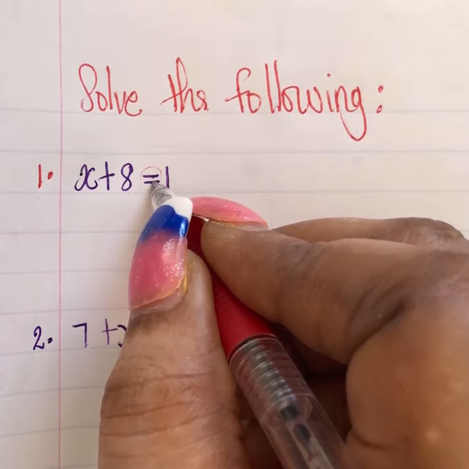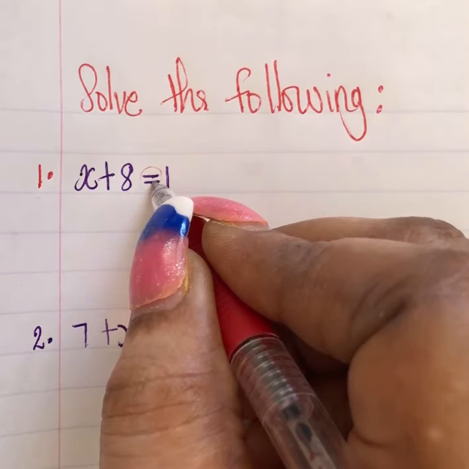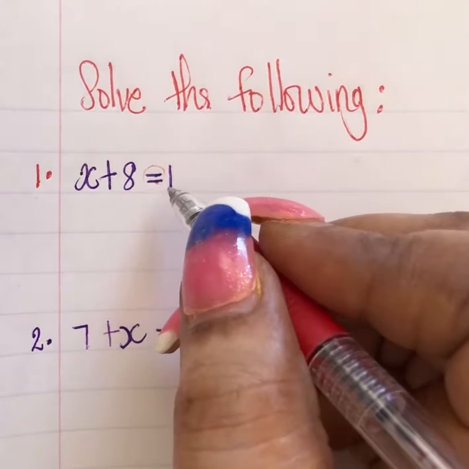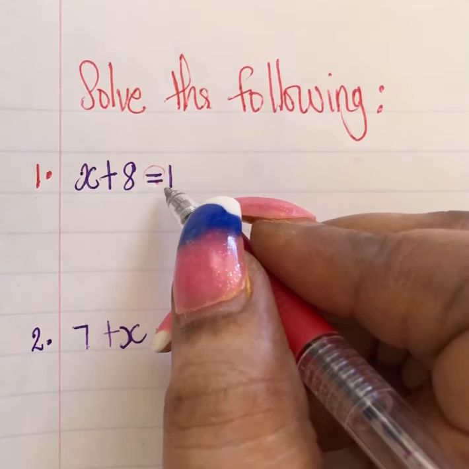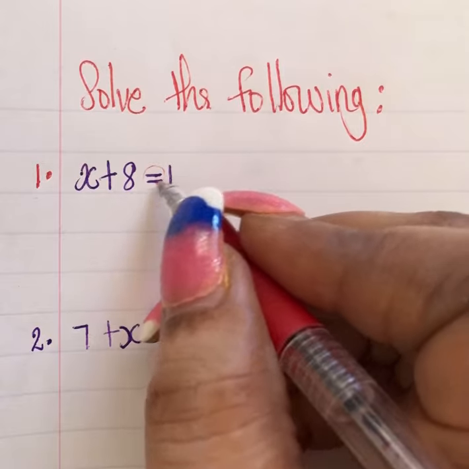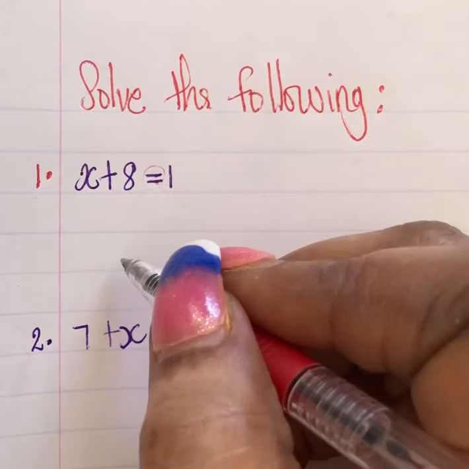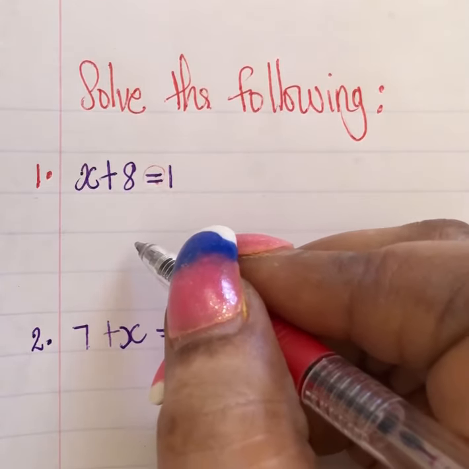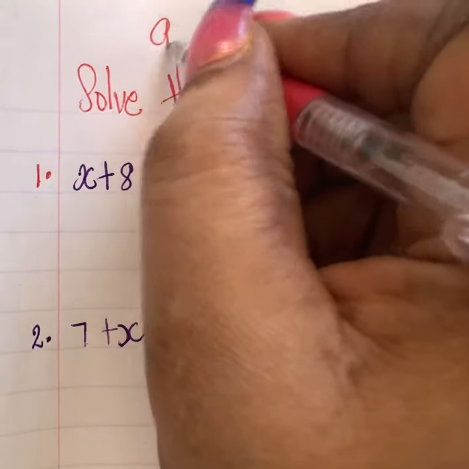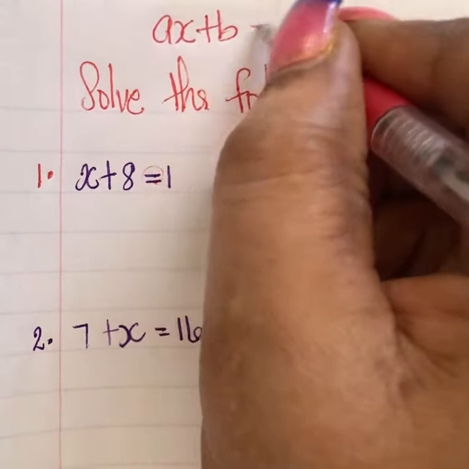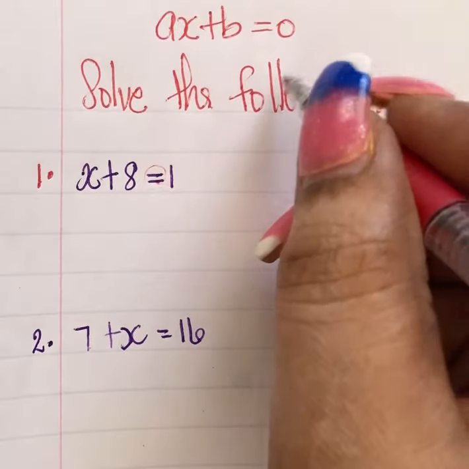We also say that it is a statement of an equality relationship between two or more quantities. The form that we use is ax plus b is equal to 0.